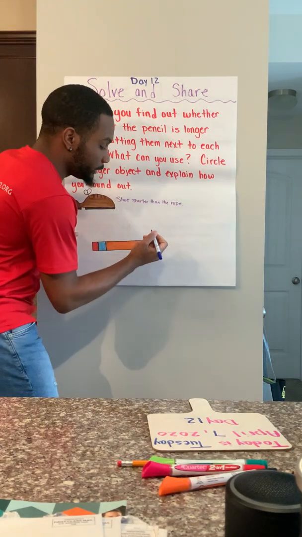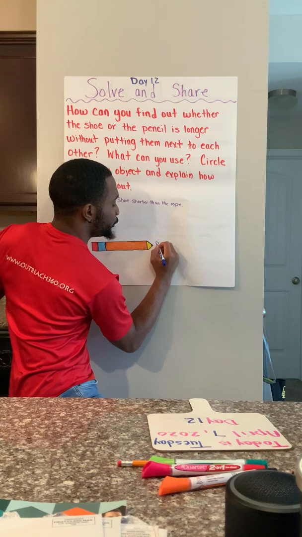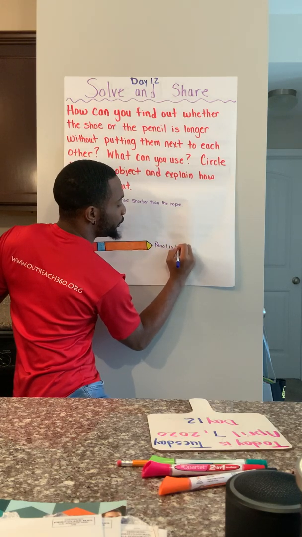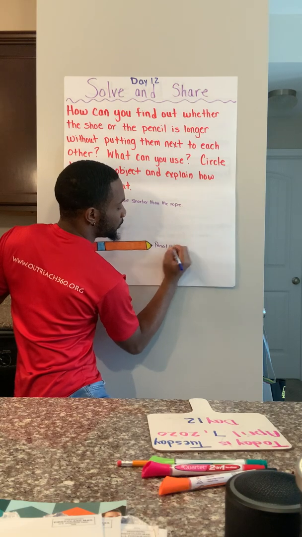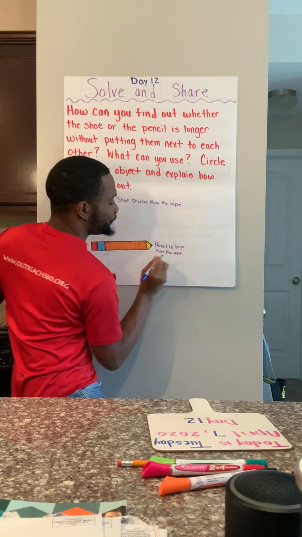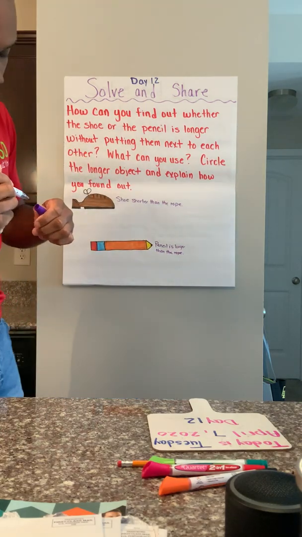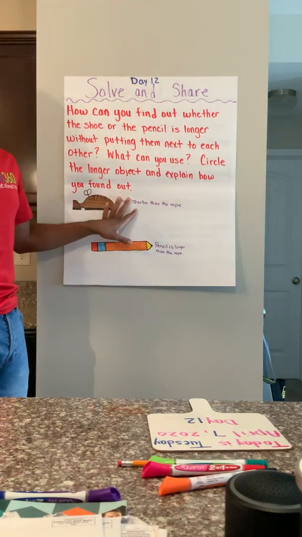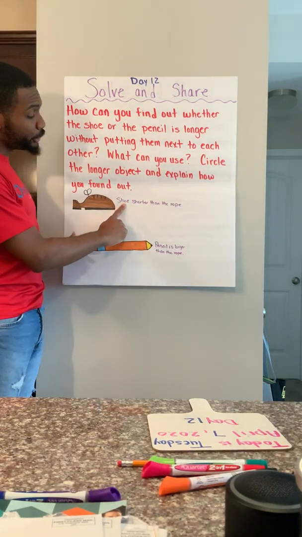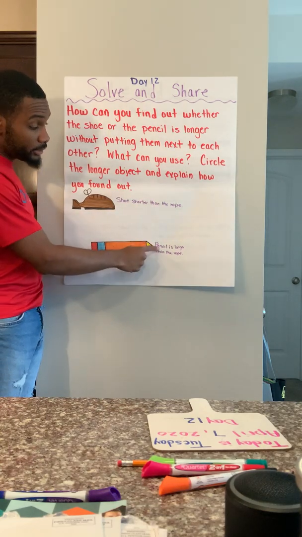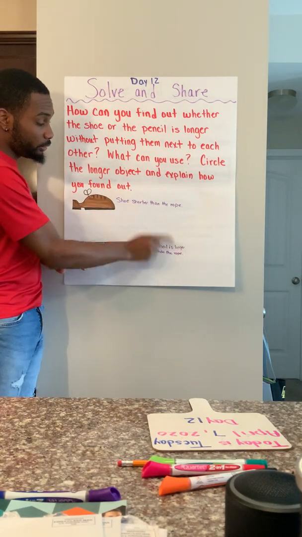So now I will put: pencil is longer than the rope. Now I go back to my detailed notes. I see that the shoe is shorter than the rope, but the pencil is longer than the rope.